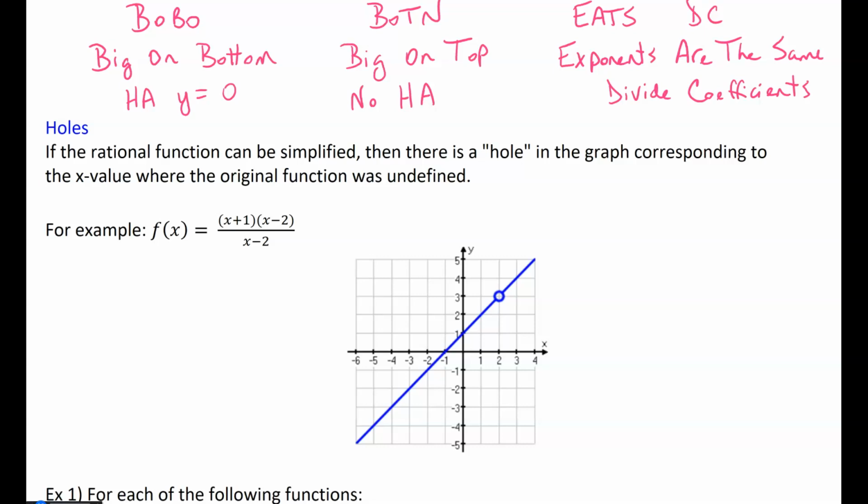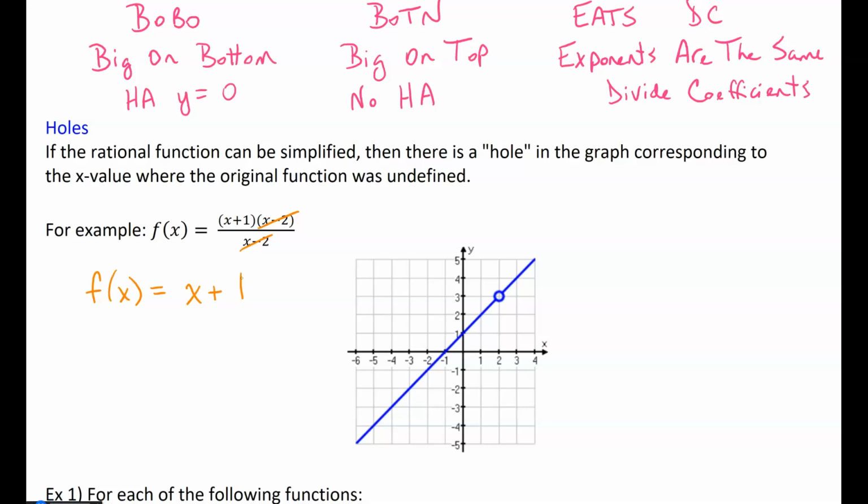And when you go to simplify this, right, we know that x minus 2 and x minus 2 divide out. And so what happens is the graph of our function is actually only going to look like what is left over. In this case, it's just a line with a slope of 1 and a y-intercept of 1.